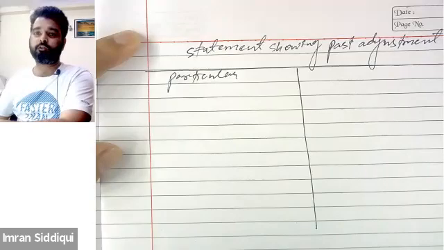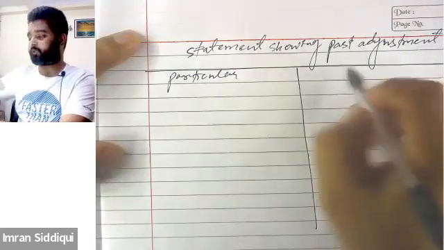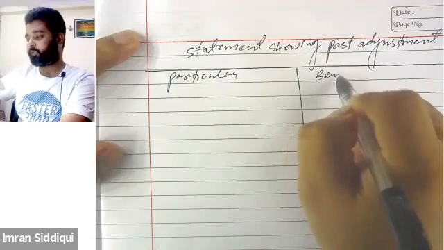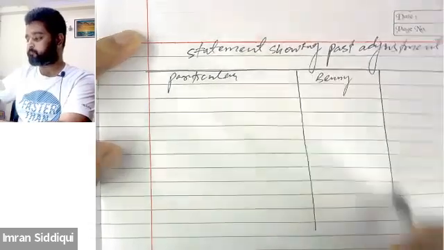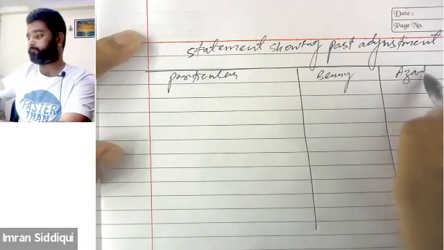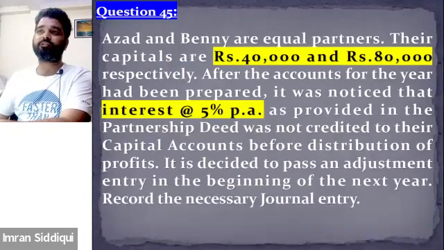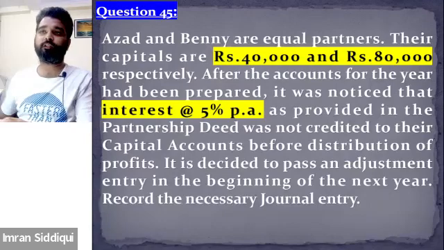Then if there are two partners, we will have to make two columns, one column for Benny, then Azad. Now the question is saying that their opening capital balances are 40,000 and 50,000.